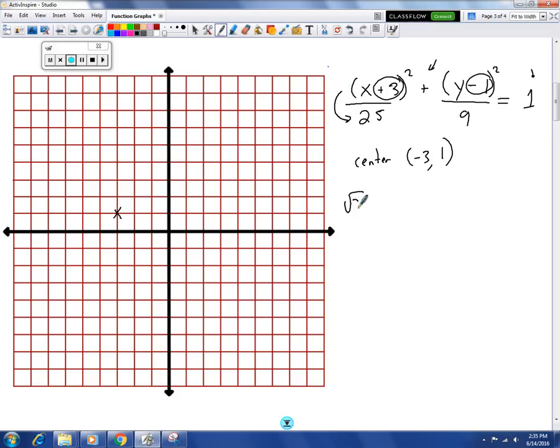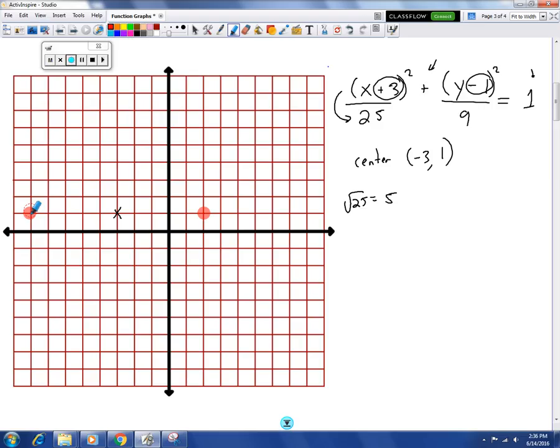I do the square root of 25, which is 5. So in the X direction, left and right, I go 5 points to the right and put a point, and 5 to the left. From -3, 1, I go right 5, I get to a 2. From -3, I go left 5, I should be at a -8. So those 2 red points are 2 points on my ellipse.